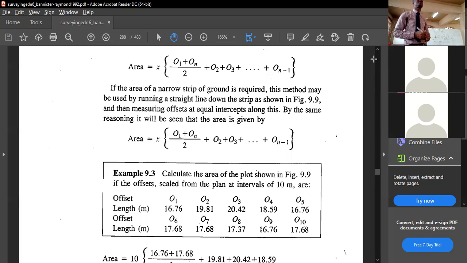Should the offsets be even or odd? It should be odd. Okay, so O1 to O10, how many offsets? 10. What should we do?